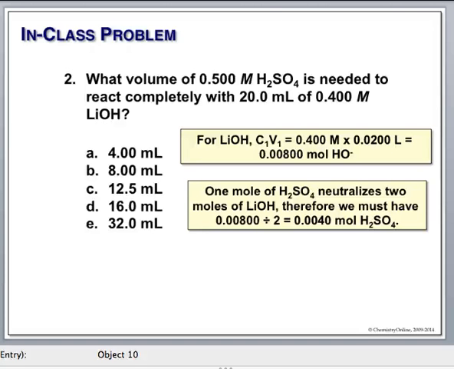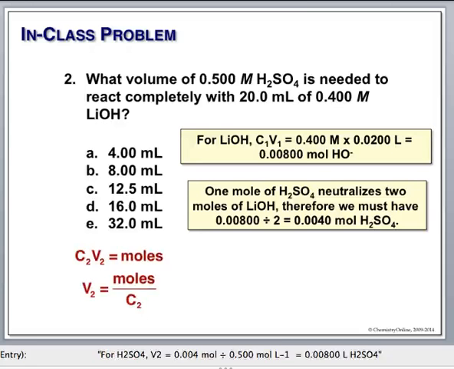Now, if we know the number of moles and we know a concentration, we can calculate volume. I'd rather do that. Doesn't matter which one you remember. Concentration times volume is moles. That works. You could do volume over moles is concentration. Whichever one you want to remember.